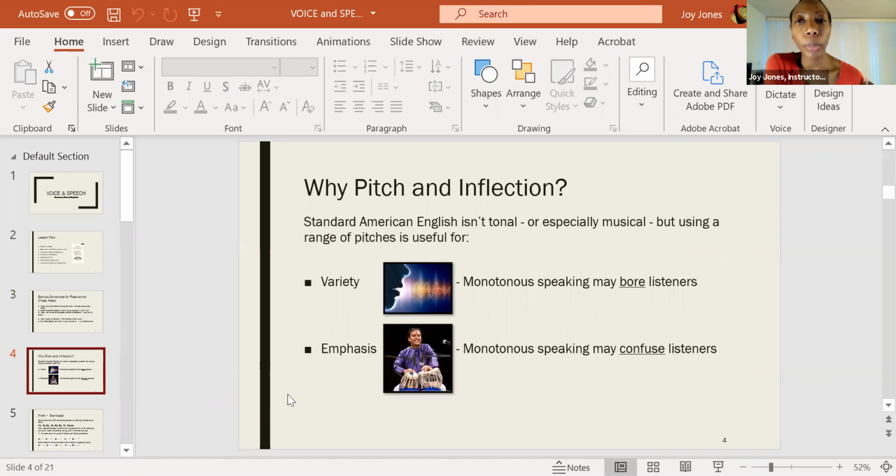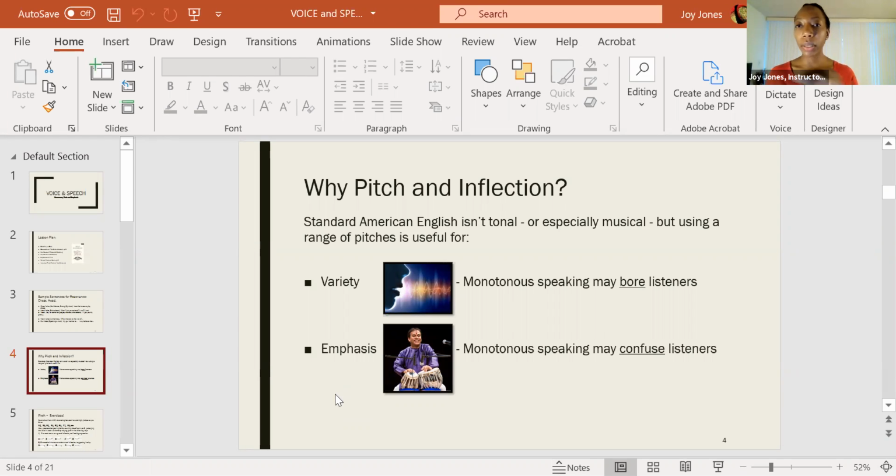All right, so very briefly, why do we spend time with pitch and inflection? It happens that standard American English, what we speak, isn't a tonal language. Also, the accent that we speak in isn't particularly musical compared to some others, but still pitch and inflection are useful for a couple of reasons.